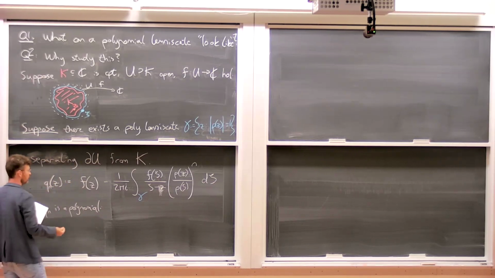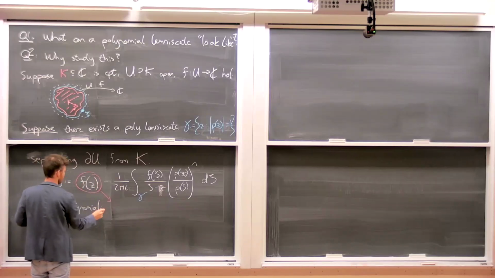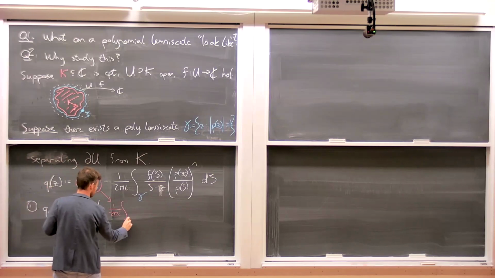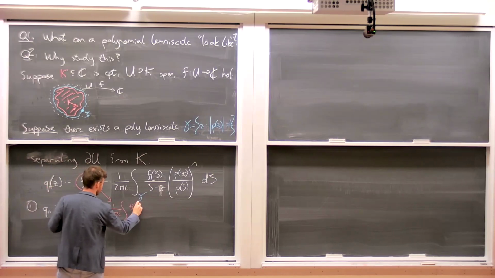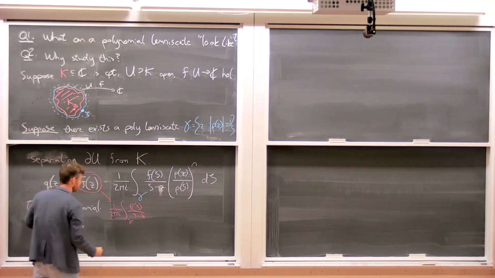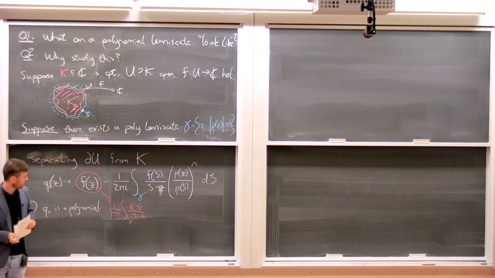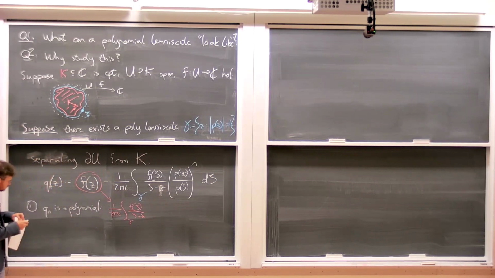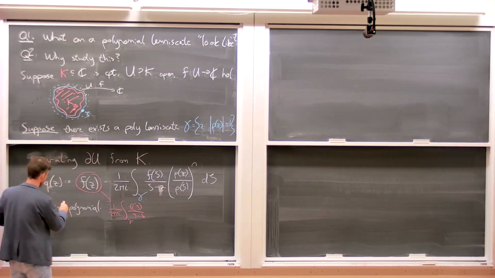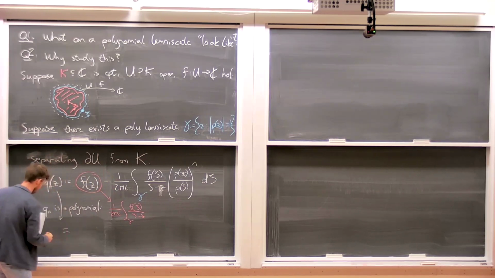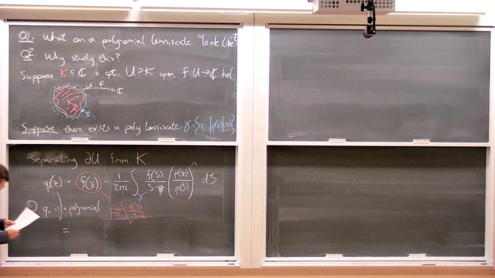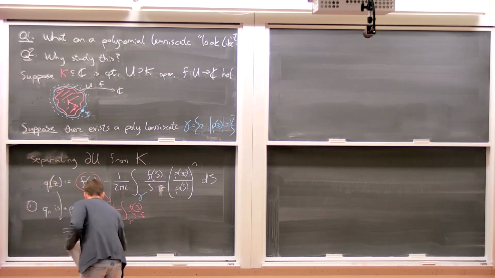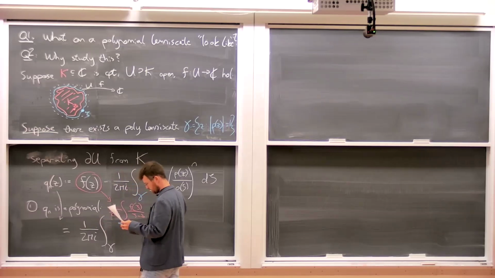If we use the Cauchy integral formula to write f of z as 1 over 2 pi i integral over the same curve, f of zeta over zeta minus z, we can bring everything into one integral. And when we add our two fractions here, what we get is that q sub n of z is equal to the following expression. So it's 1 over 2 pi i integral over gamma.